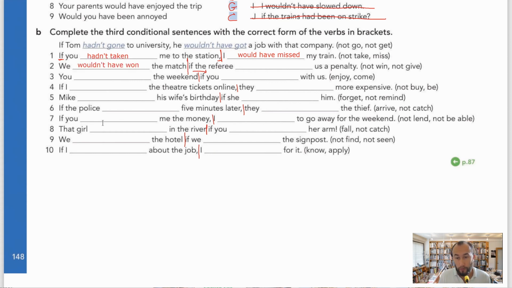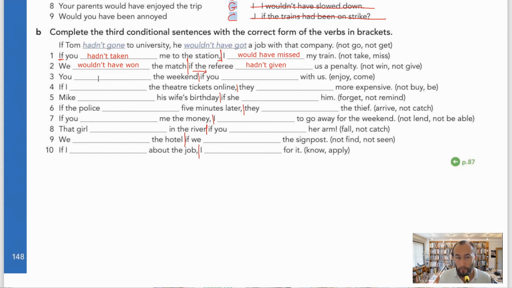You can say we wouldn't have won, or when you say it fast, we wouldn't have won the match if the referee, not give, so that would be past perfect negative, if the referee hadn't given us a penalty.